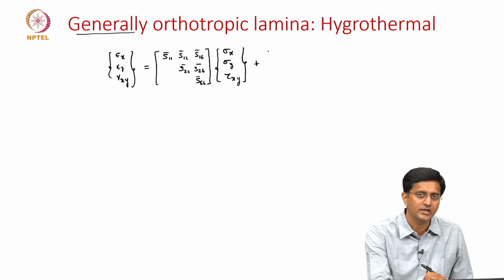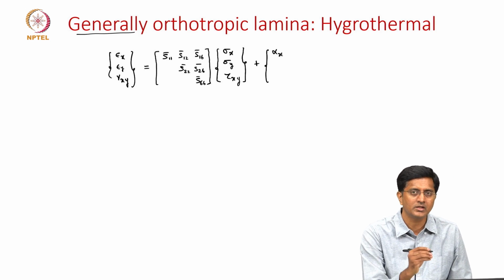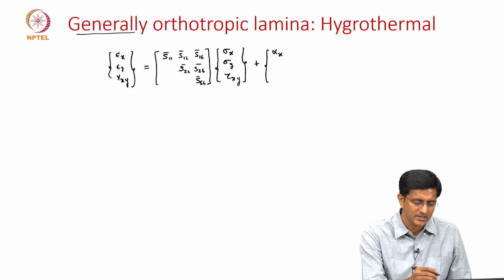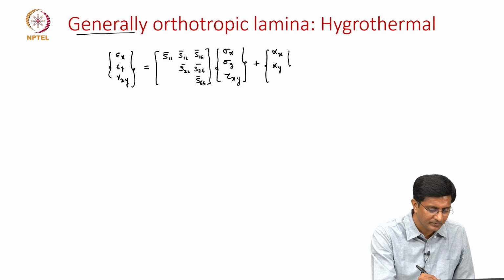So we'll write it as alpha times delta T. But the way we write alpha is it will be alpha x, meaning the CTE in the x direction, alpha y, and alpha xy times delta T.